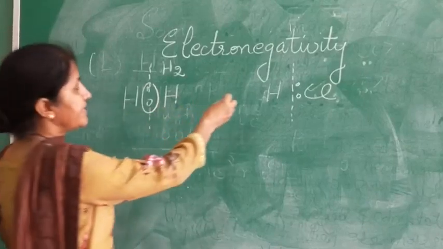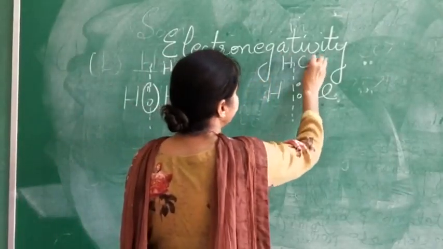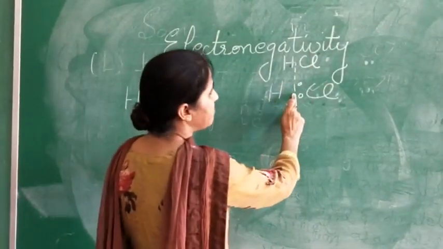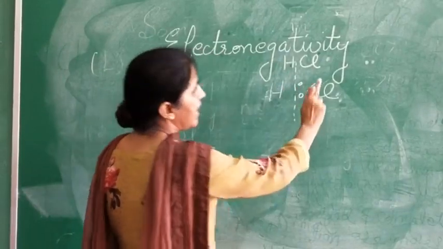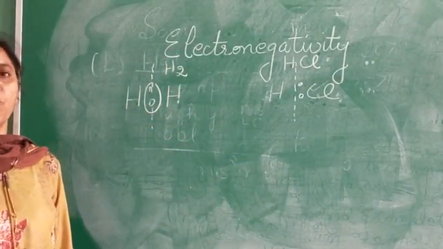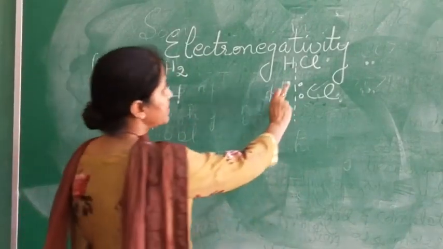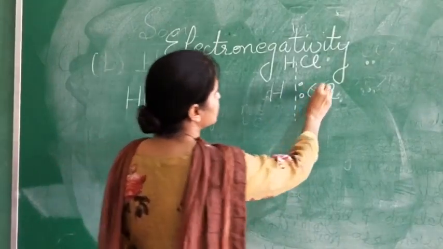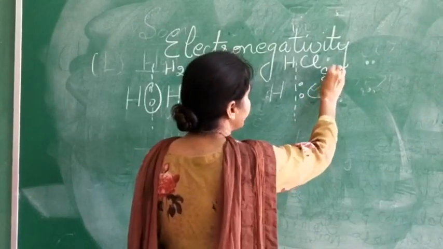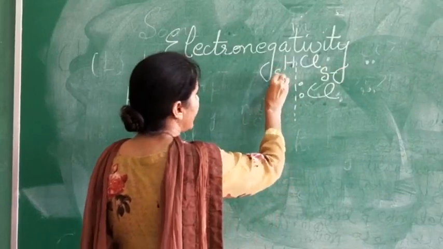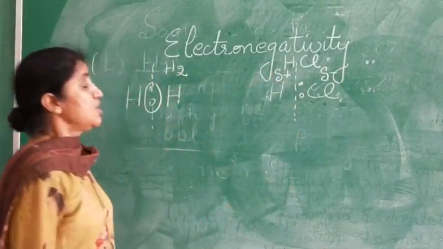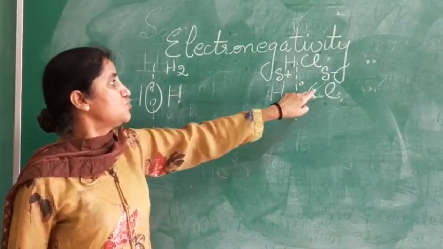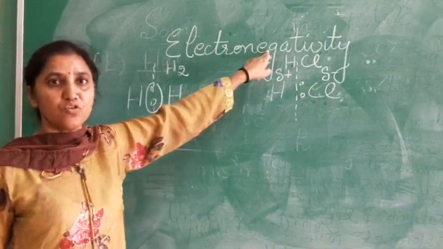Now if we consider the case of hydrogen chloride, HCl, the shared pair of electrons will not lie midway but lie more towards the chlorine, as we know that halogens are most electronegative. So the shared pair of electrons will lie more towards the chlorine atom, due to which this chlorine atom will acquire partial negative charge and the hydrogen atom will acquire partial positive charge. So this tendency of an atom to attract the shared pair of electrons towards itself is known as electronegativity.